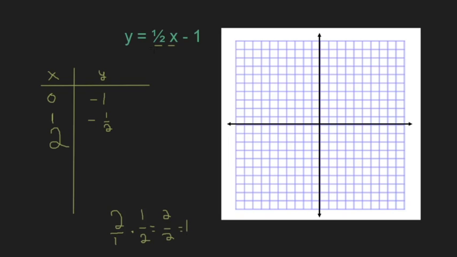So 1/2 times 2 is just 1. What's 1 minus 1? That's just 0.